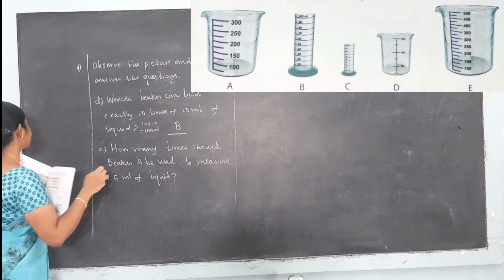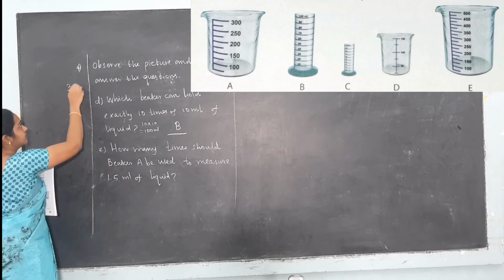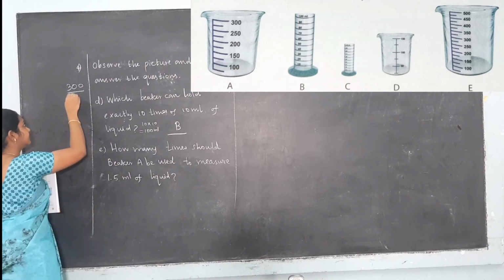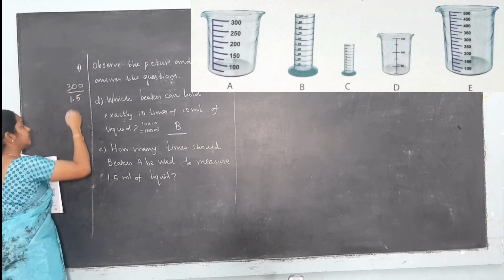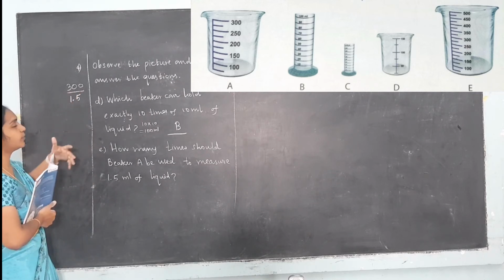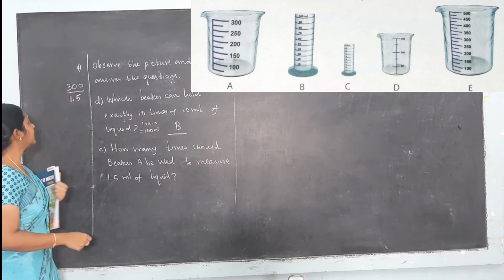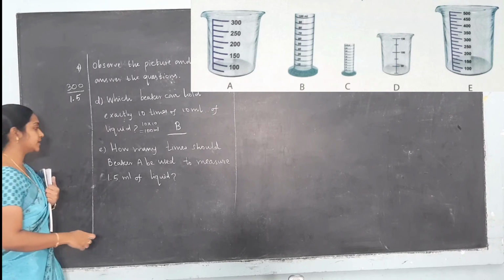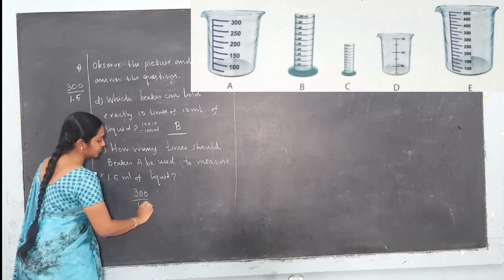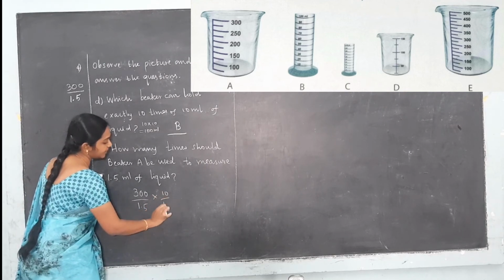So, with 300, we have to divide it by 1.5. We have decimal point in the denominator. To remove that decimal point, we have to multiply both numerator and denominator by 10.